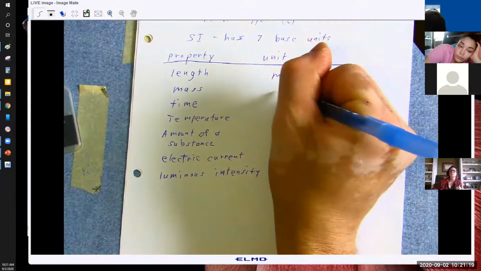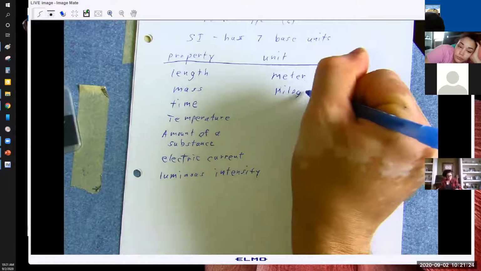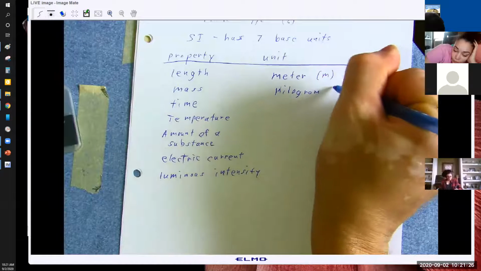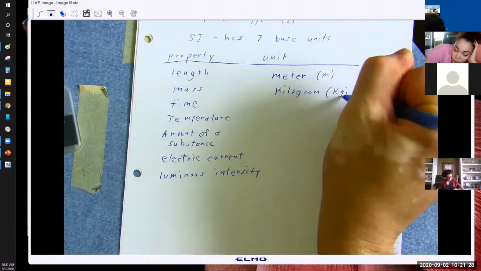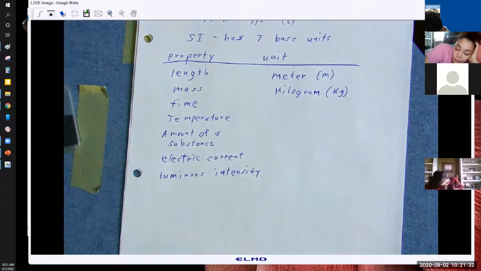For mass, we have a kilogram. What do you guys think time is?